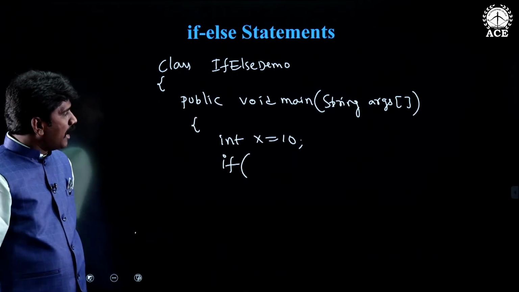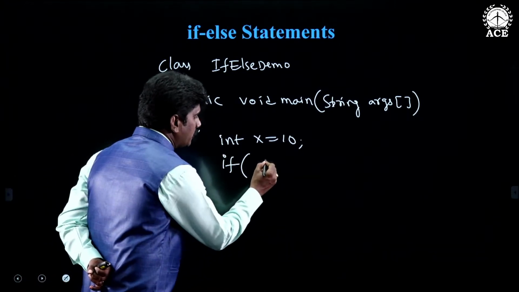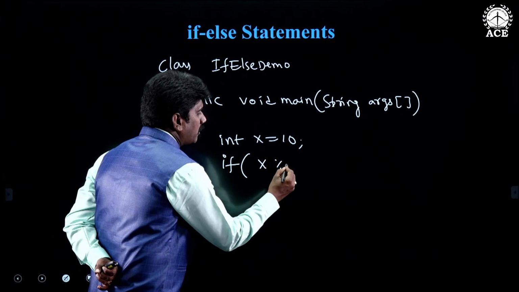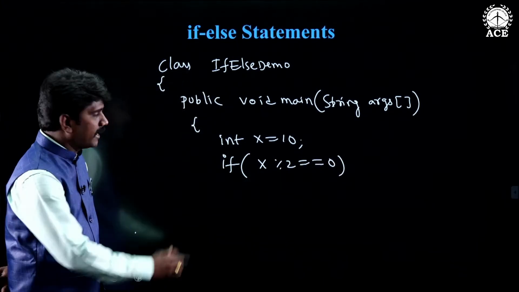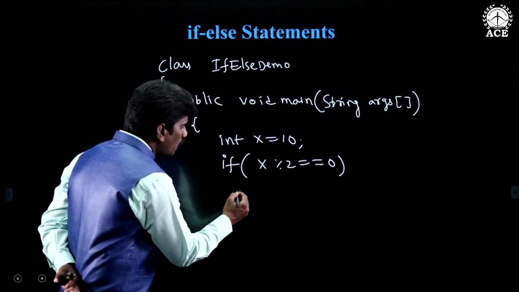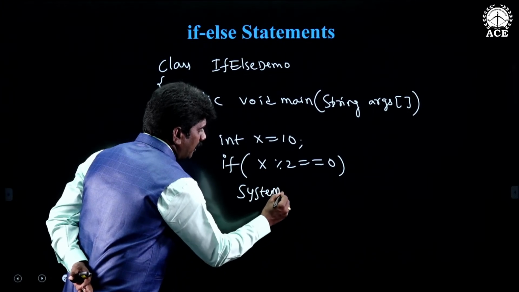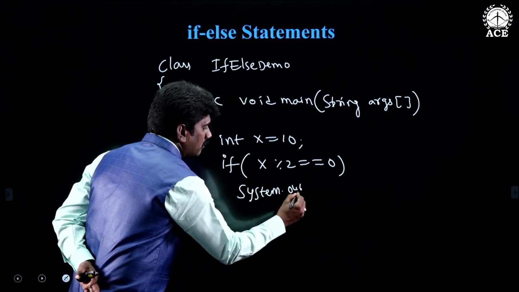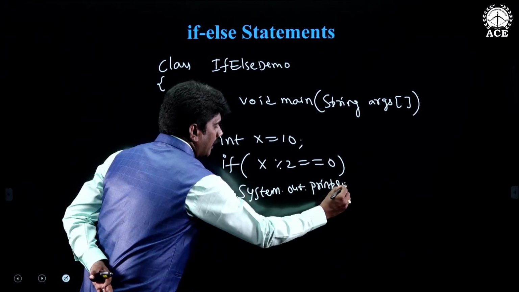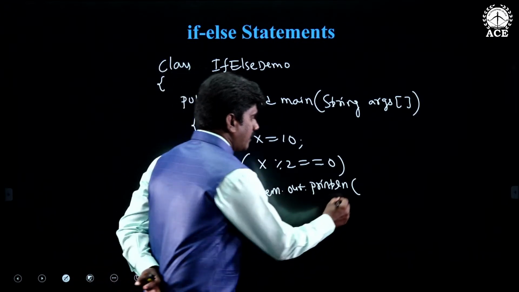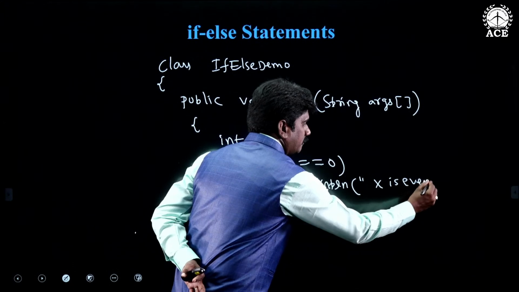So here, to find out whether this is even or odd, we can use the condition x mod 2 is equal to 0, then we can say that x is even. If it is true, then I am printing one statement, System.out.println x is even.